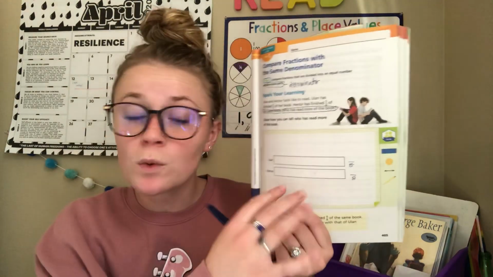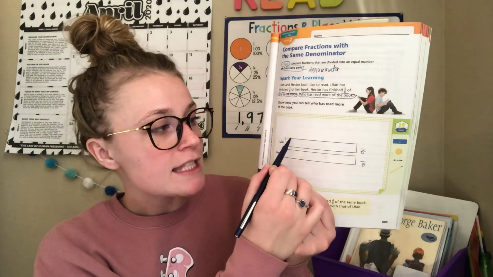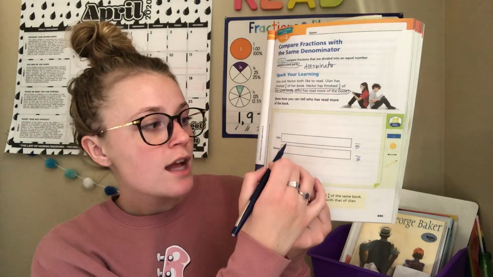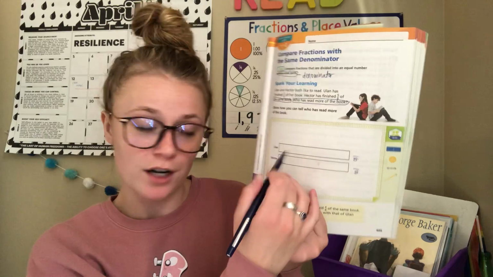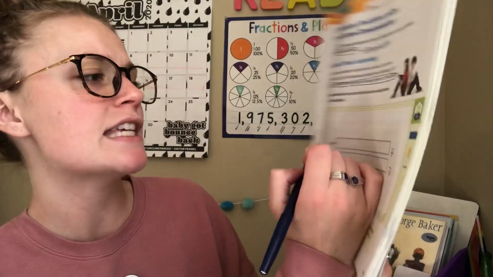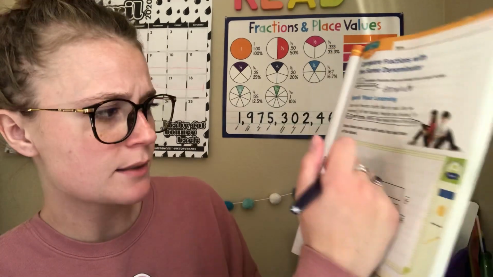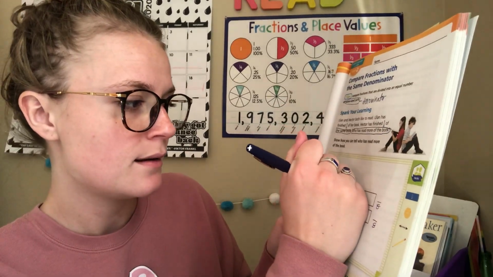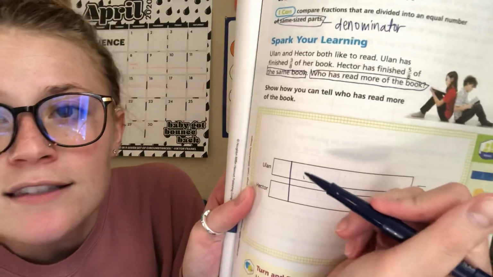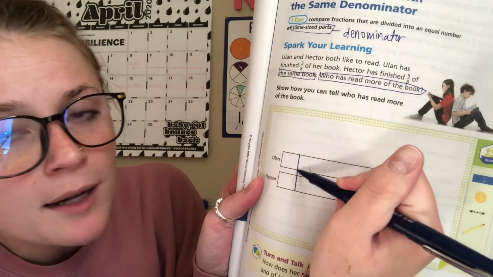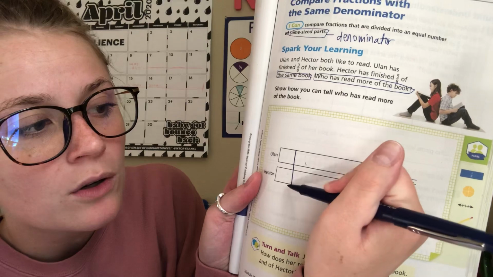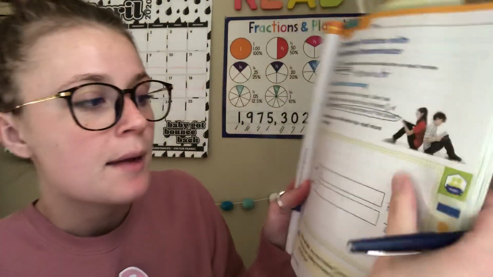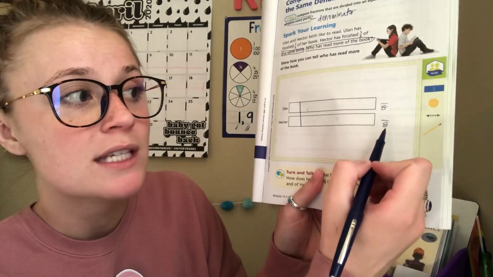To make things easy for me visually, I am going to draw the same line from Ulan all the way down to Hector. Okay, I'll show you what I mean. So I am going to divide this into 8 equal parts. I'm going to do my best to kind of space it out well. And instead of stopping at the bottom of Ulan's bar, I'm going to go all the way down to Hector because we have the same denominator.